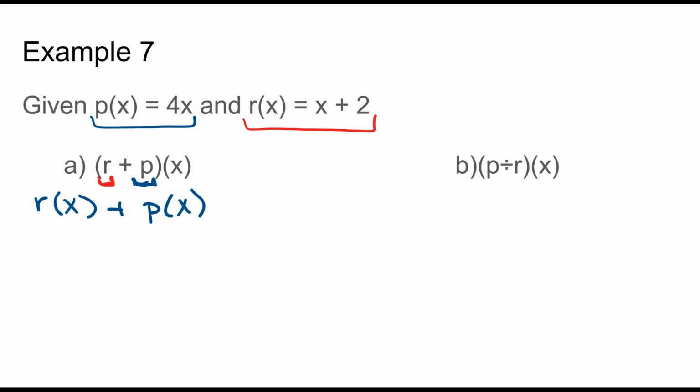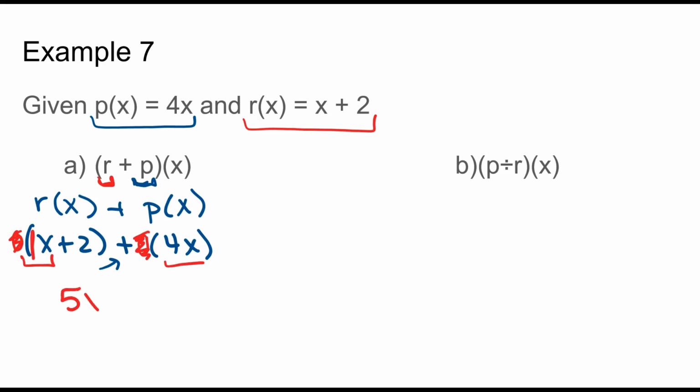And I do find it helpful to start by rewriting the notation. So r of x is x plus 2 plus p of x is 4x. Now this is a plus, so we don't need to distribute the negative. There's no numbers outside to distribute. So we'll simply combine like terms. I'm going to put a 1 there. So we've got 1x plus 4x, we get 5x plus 2.